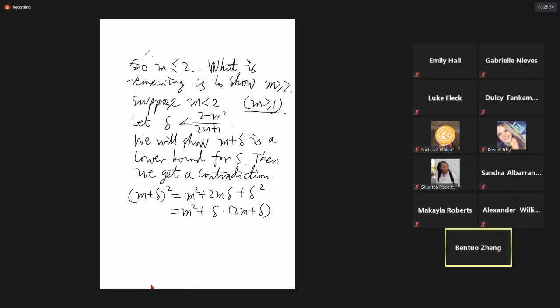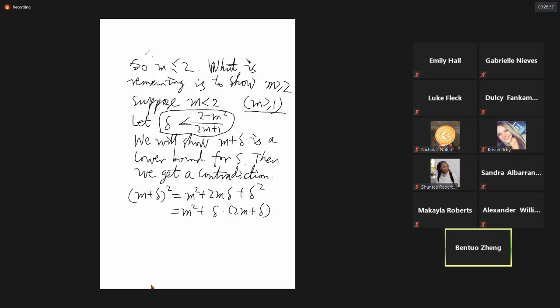Okay, if you look at this condition, delta is less than this quantity.